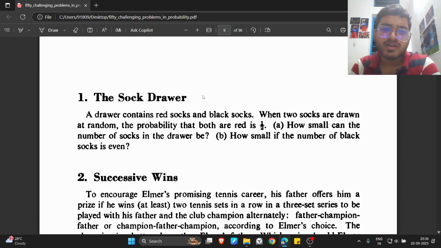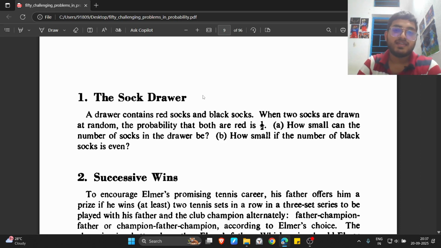The probability that both are red is simple: the number of red balls upon total balls, and there is no replacement, so next it is number of red balls minus one upon total number of balls minus one. Very basic. And this is equal to half. So how to proceed further? Here we can start putting values.